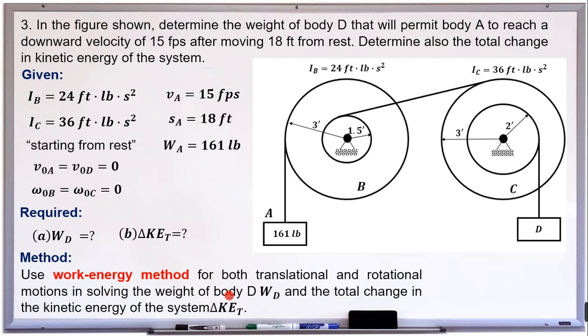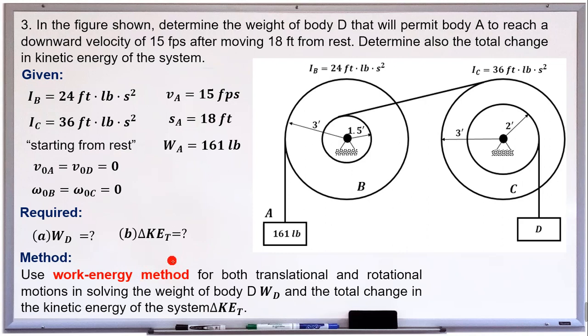In solving for the weight of body D, that is WD, and the total change in kinetic energy of the system, delta KT, if you use the force inertia method, that is, summation of forces equals mass times acceleration, the Newtonian method, you will still arrive at the same answer as the work energy method. But the advantage of using work energy is that it reduces the time of solving, because you're only using a single equation, the work energy equation.